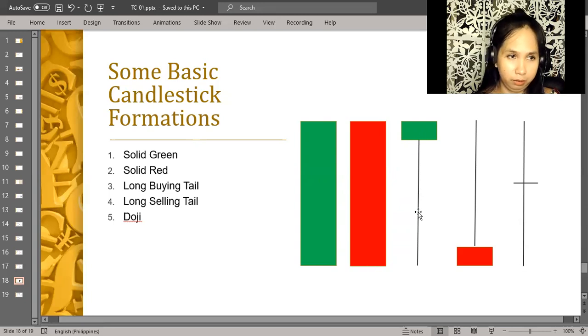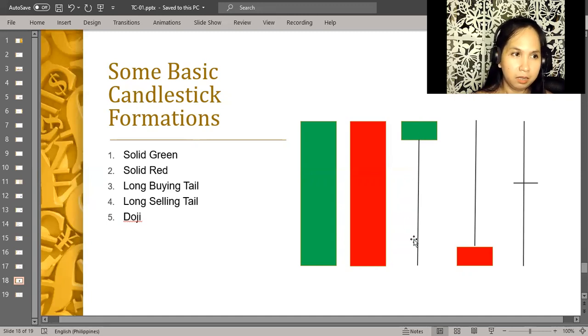So moving on to the third one, we have green candle. It's also tall and it's got a short body and it's got a long tail. This is what we classify also as a very bullish candle. This is a scenario where price opened high, but the sellers tried to push it down within the day.